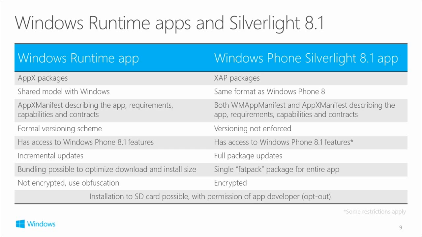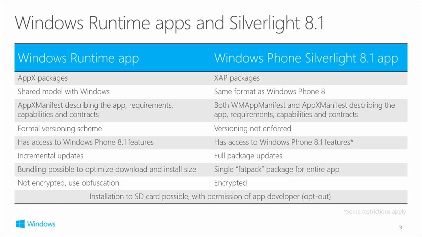It's the same for Silverlight 8.1 apps as it always has been. And with Silverlight 8.1 apps, you've got two manifests in there, the WMAppManifest and also a package.appxmanifest. I'll look a little bit more at when you use one and when you use the other in a moment. And that gives you access to all the Windows Phone 8.1 features.